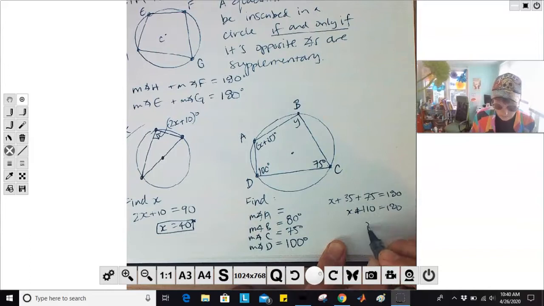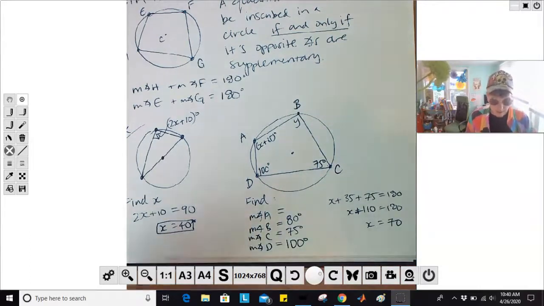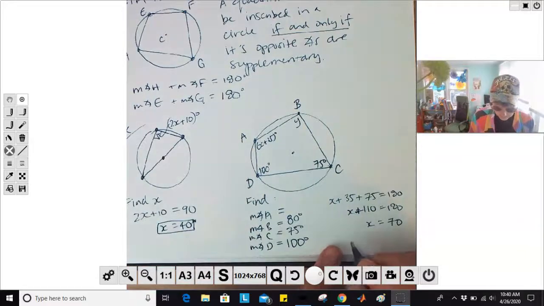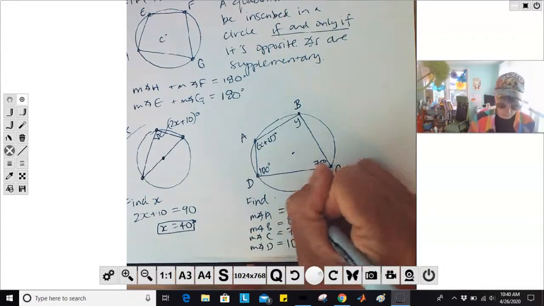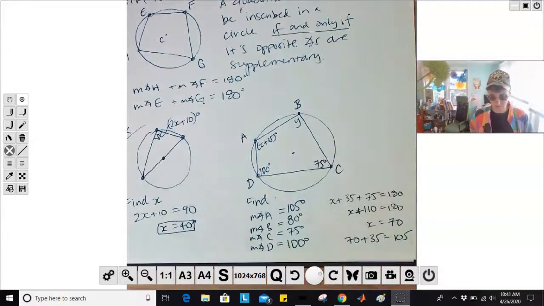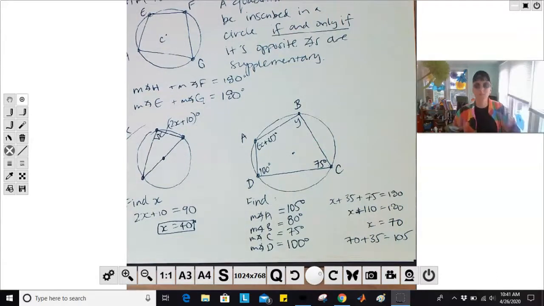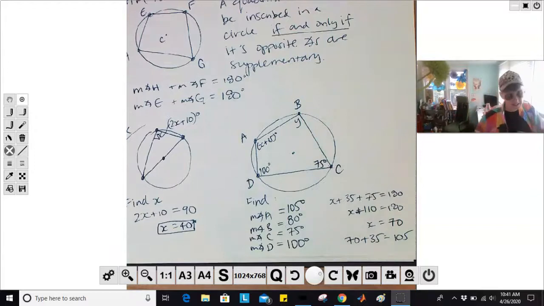Subtract, we'll get X equals 70. Cool. That means angle A is 70 plus 35, which is 105 degrees. Great. 105 degrees. And if we added these all up, we would get how much? 360, because that's how many degrees are in a quadrilateral.